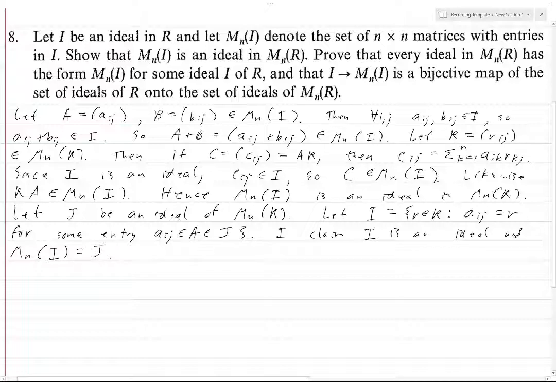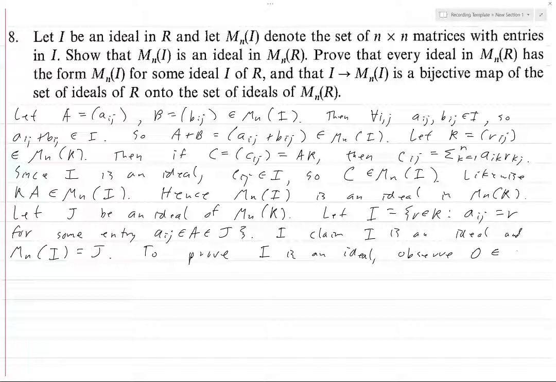Okay, so to prove I is an ideal, observe 0 is in... I have to take a second. I used script A and script B for the ideals in my homework, so I need to convert these for myself. So script A is just the ideal that we start with in M_n(R).